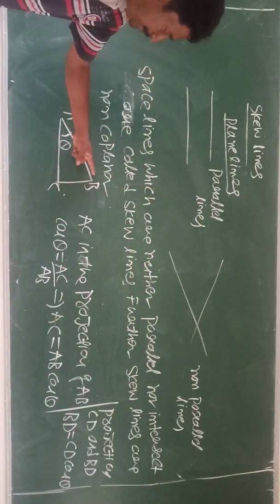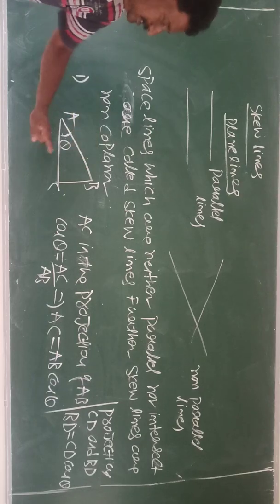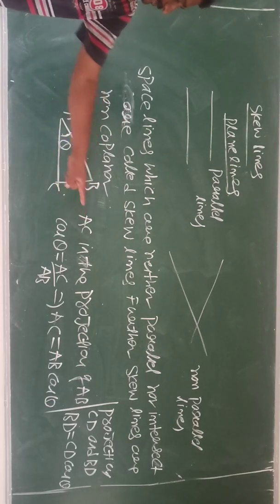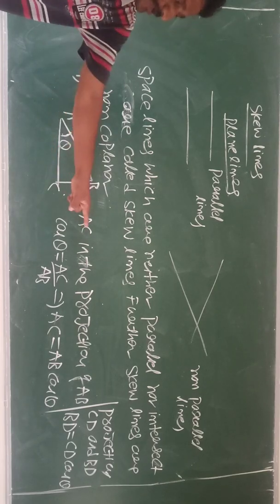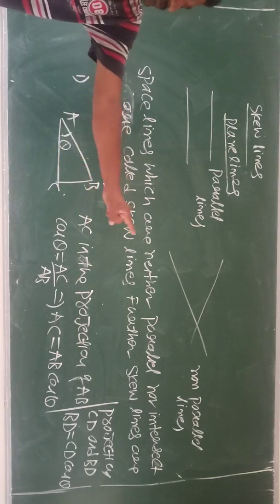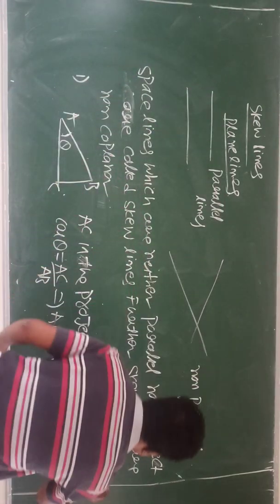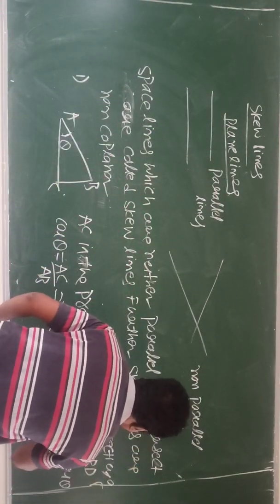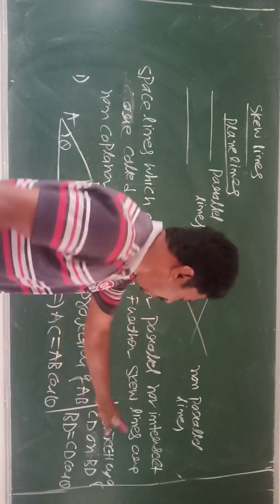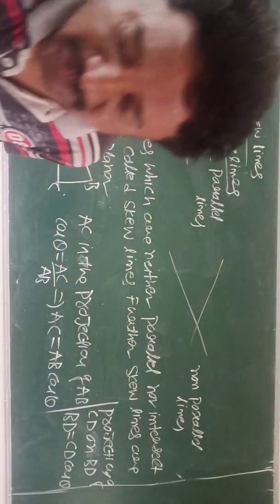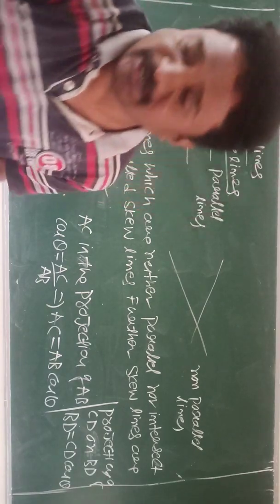Projection of AB on AC is equal to AB cos theta; same thing, projection of CD on BD is equal to CD cos theta. Using that, I am going to derive one important derivation, students.